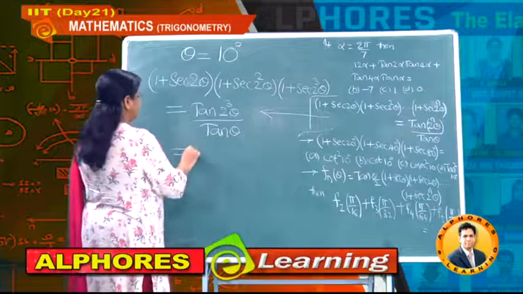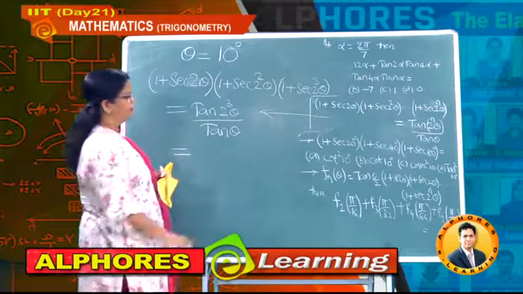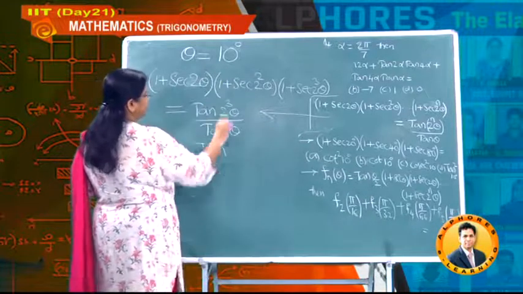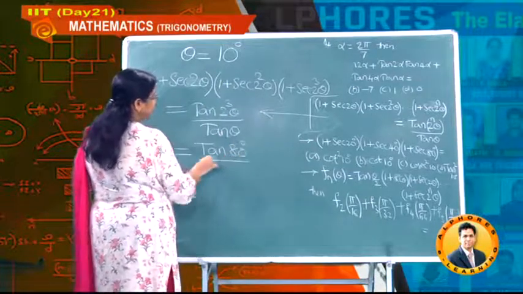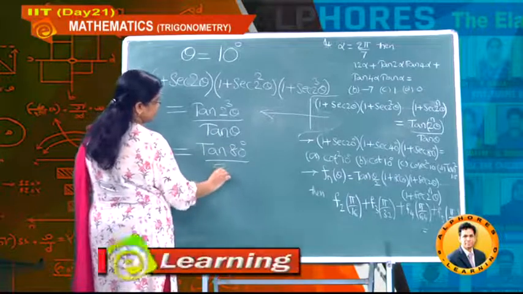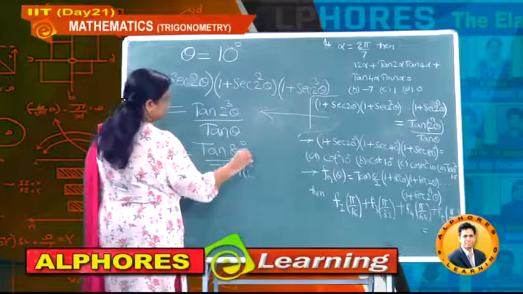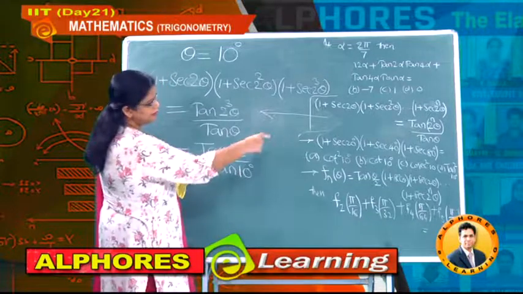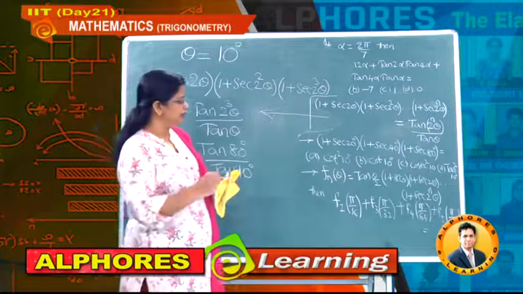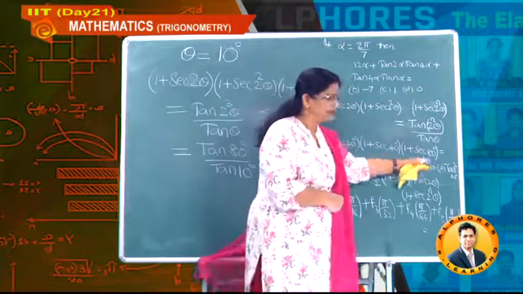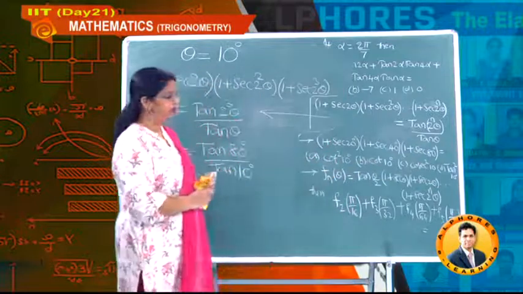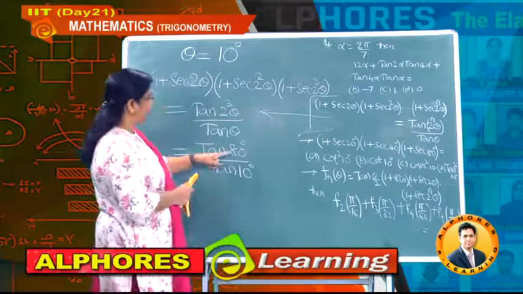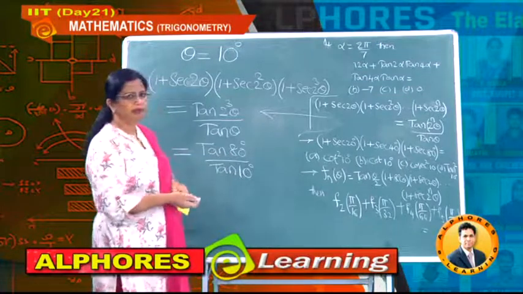Now, let us substitute the theta value. So this is tan 80 degrees, since 2 cube means 8, 8 into 10 is 80 degrees, divided by tan 10 degrees. Now, how are our options in terms of cot? Observe the last option. It is given in terms of 10 degrees, but here 10 is in the denominator, and now you can find tan 80 using our complementary value.